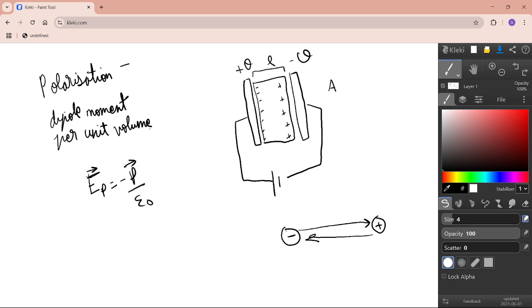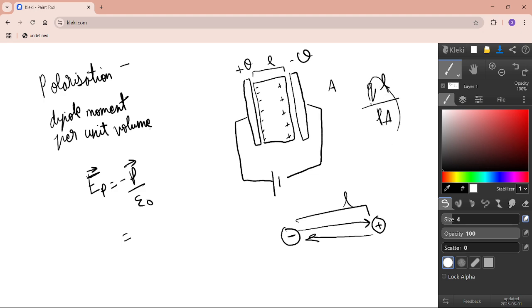So we know the dipole moment. Let me give you the units of the field due to polarization. Dipole is basically charge into the length L. When we divide by the volume, let's say the volume is L into A, then we get the charge density.